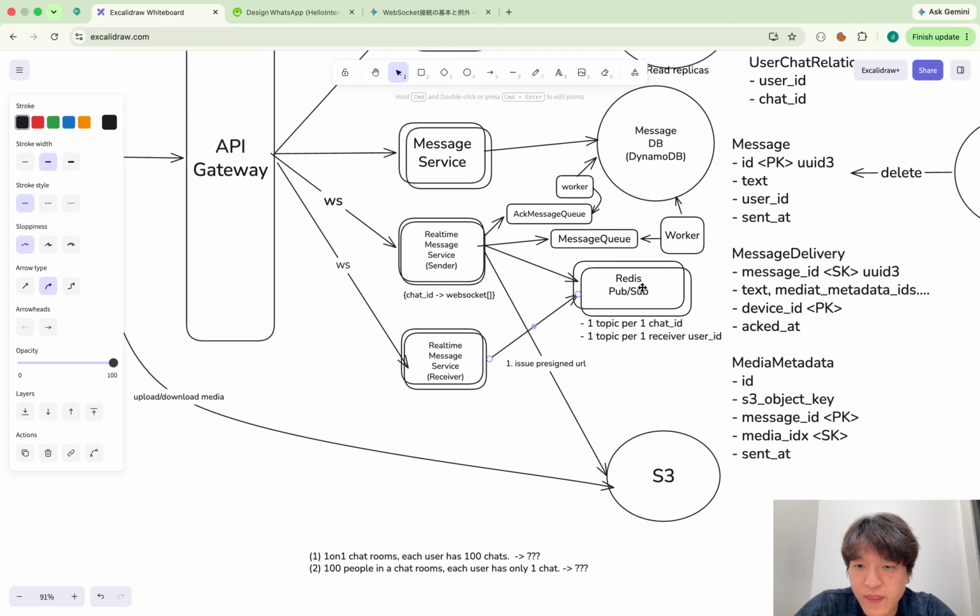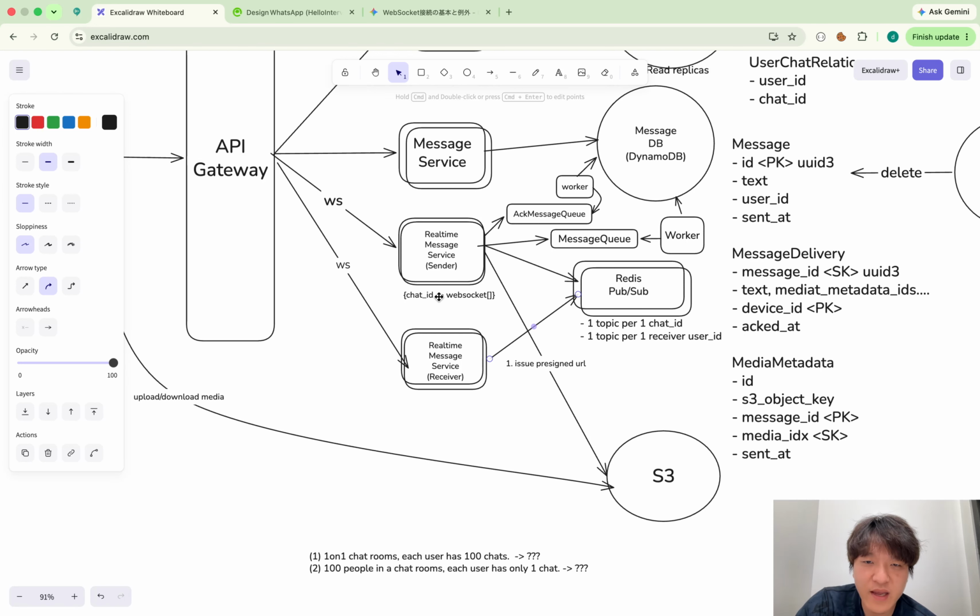So now Redis Pub/Sub has to send the message to one specific server. So the sender server has to send the message to one specific topic, and Redis Pub/Sub has to publish the message to one specific subscriber. So far sounds good.